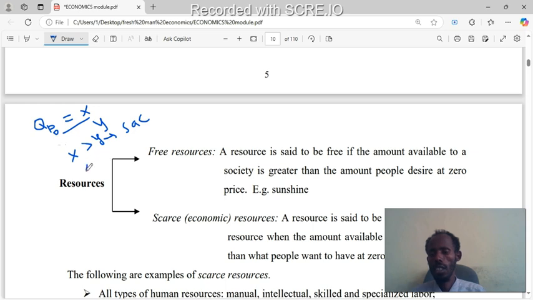If X is less than the available resource Y, then such a resource is a free resource.